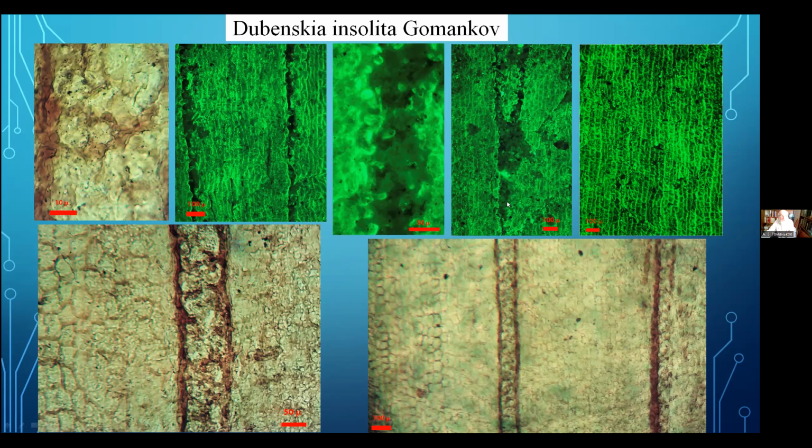This is just a place of the dichotomy of the dorsal furrow. You can see how it dichotomizes. And this is a dorsal furrow with a very high magnification. You can see that papillae are present not only at its edge, but also inside it.